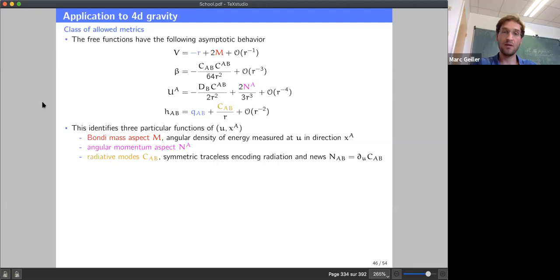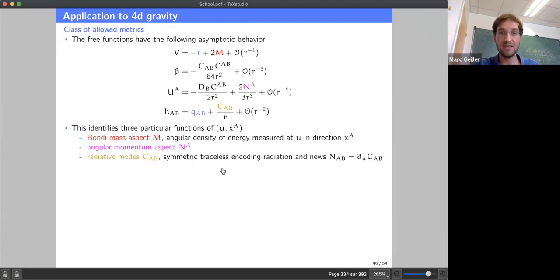But now the new ingredient, which is specific to 4 dimensions, is where we should see some difference between studying metrics in Bondi gauge in 3 dimensions and in 4 dimensions, because 4 dimensions has gravitational waves, has local degrees of freedom. Because of this, in this expansion we have a quantity which we usually call C_AB, representing the radiative modes of the gravitational field.